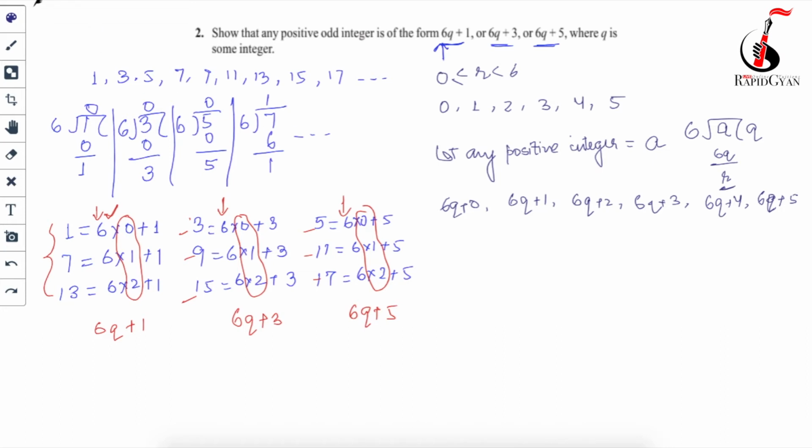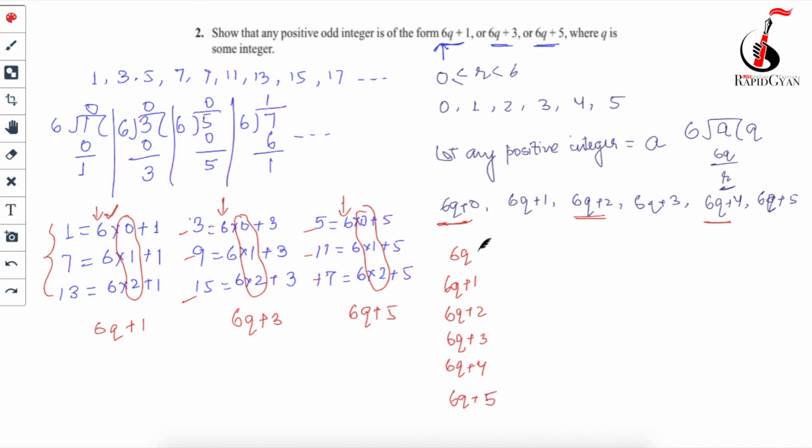Now if you look into these numbers, what are you getting? I'll write over here 6q, 6q plus 1, 6q plus 2, 6q plus 3, 6q plus 4 and 6q plus 5.